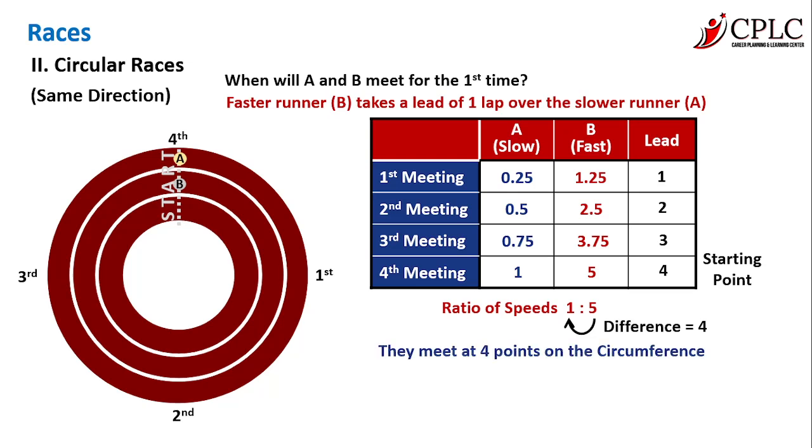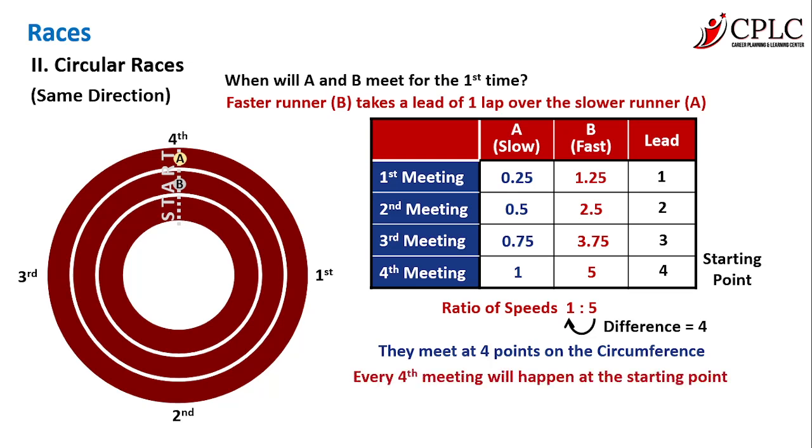And obviously, the last type that you have to also remember as a concept is that every last meeting will always happen at the starting point. Obviously, in this case, it is the fourth meeting, so the fourth meeting will happen at the starting point.